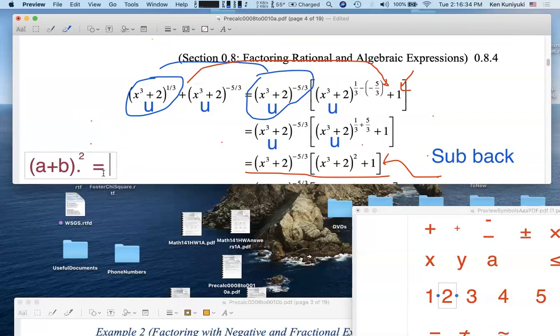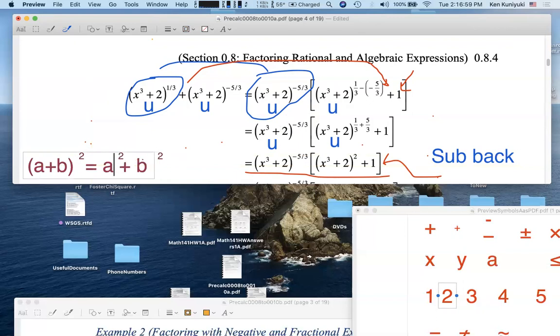Sorry, that's wishful thinking. Don't fall into the trap of wishful thinking. It's not that simple. It is not just a squared plus b squared.